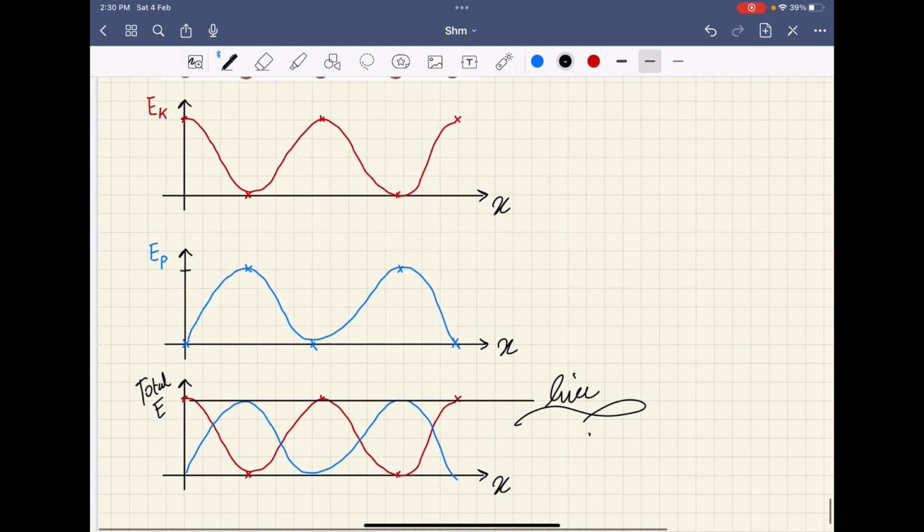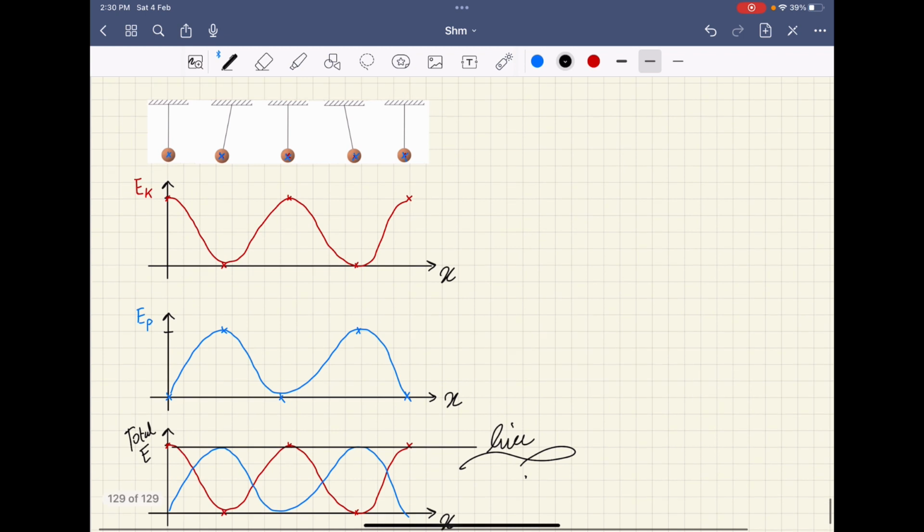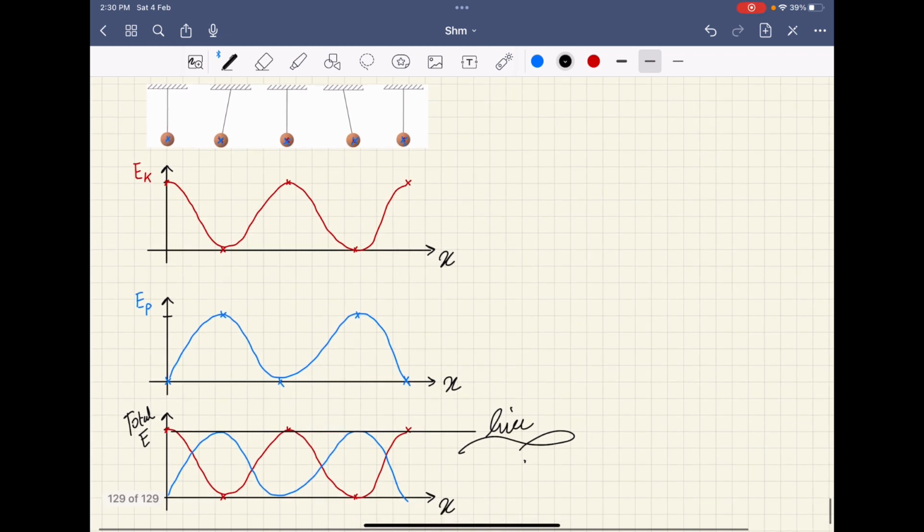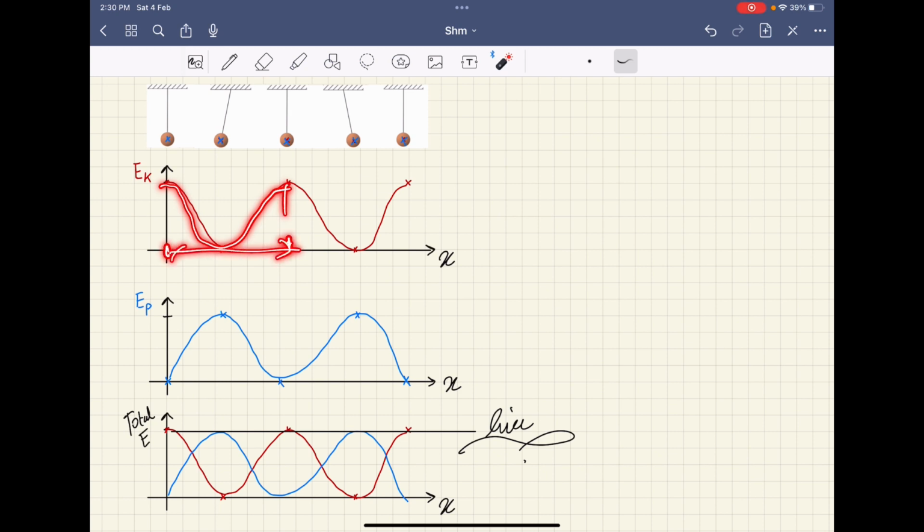Now, the last thing that I need to highlight for your exam: whenever you're given an energy versus displacement graph and they ask you to find the displacement for one full cycle, you should not consider this as a full cycle because this is half of a cycle.